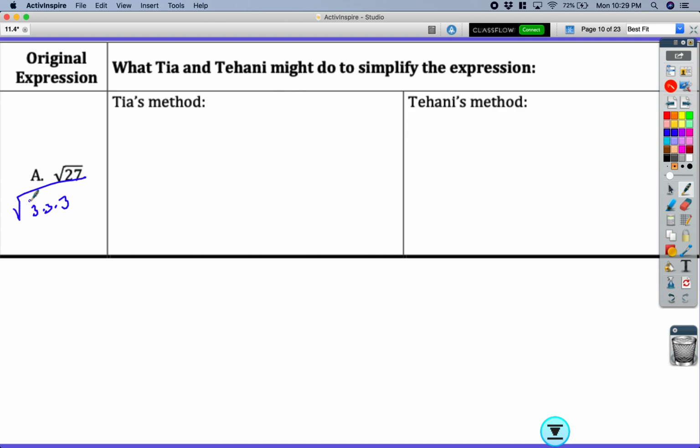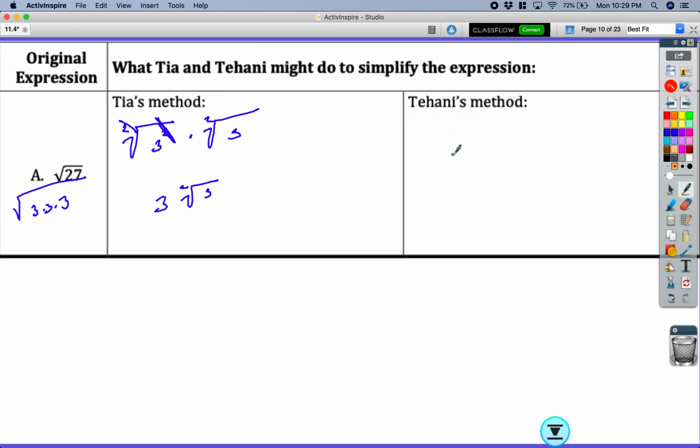I always just circled my pairs, but another way to think about this is if we looked at Tia's method, she's saying, oh, okay, I have the square root of 3 to the second power times the square root of 3. So you're basically throwing in little groups there. And what happens is the second power and the square root cancel, so you're left with 3 times the square root of 3. And then you're done.